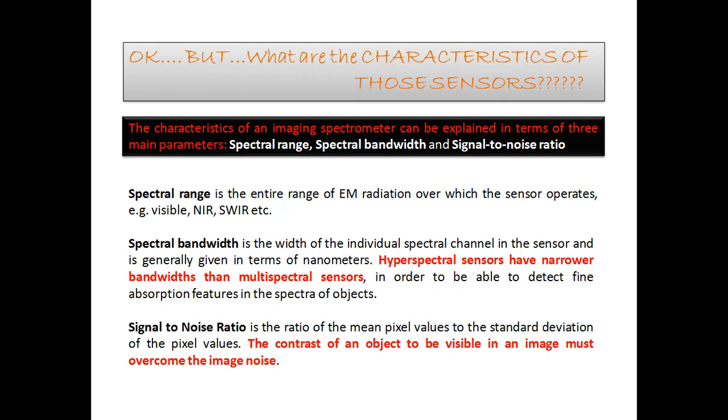So these three are the basic, precise characteristics of those sensors. The spectral range means the sensor can be operated over the entire range of the EMR, and there is no omission of the spectra.